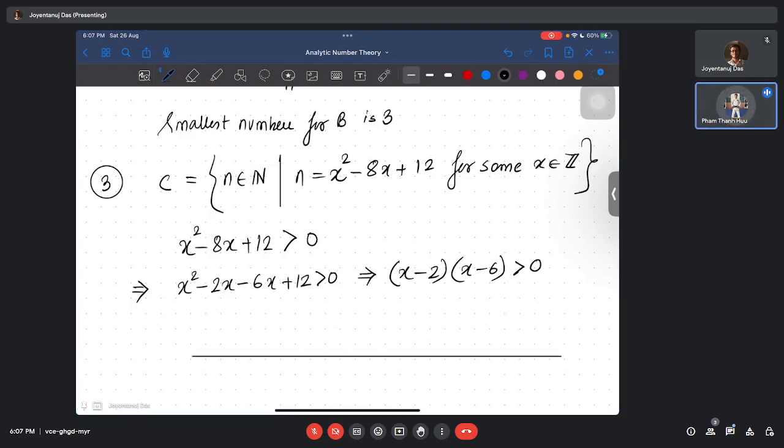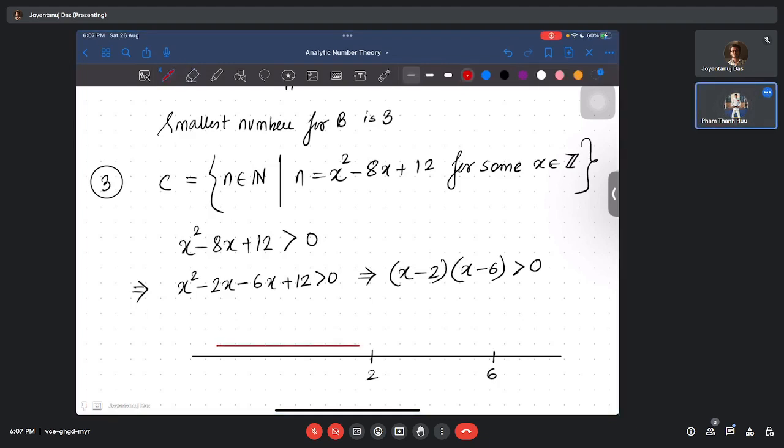So this is the real line. Suppose we have two and six, right? 2 and 6. Suppose it is 0. Then which part? We have plus, minus, plus, right? The left-hand side is the plus side.